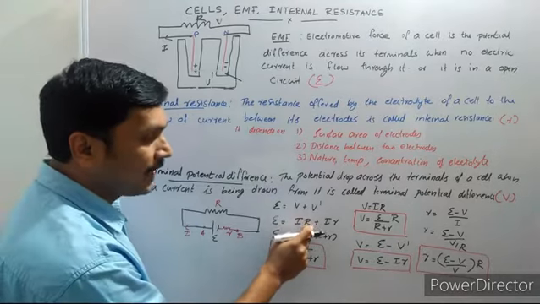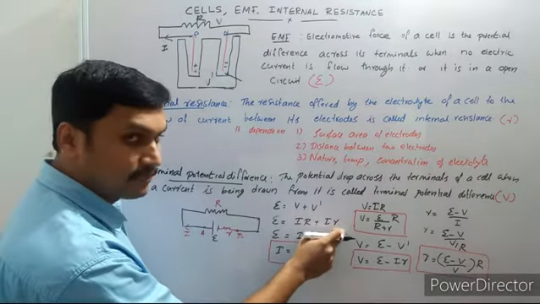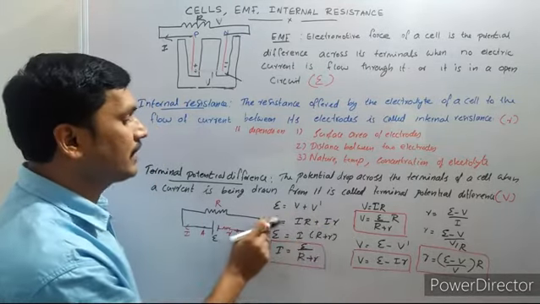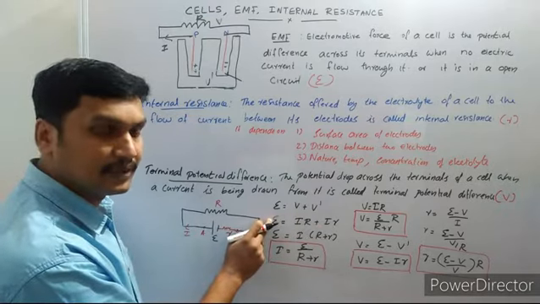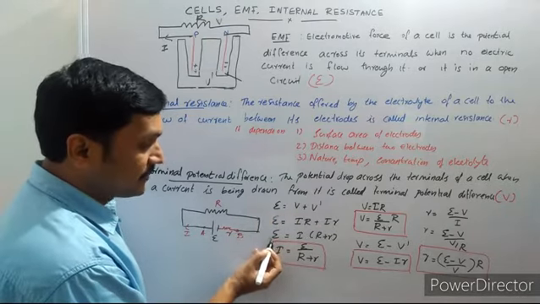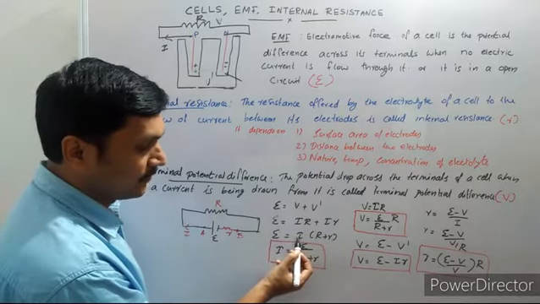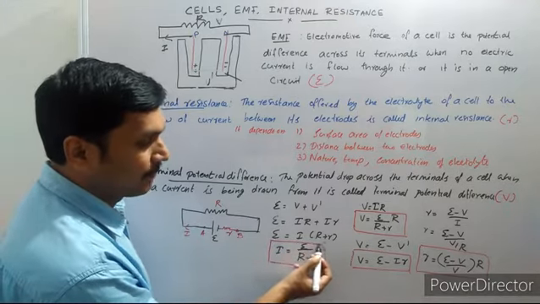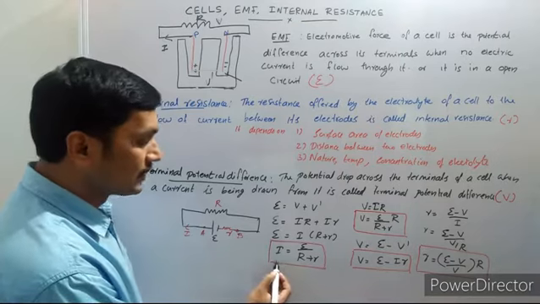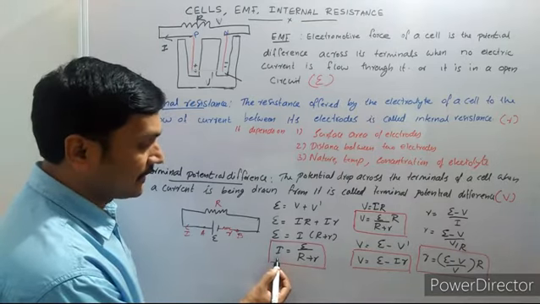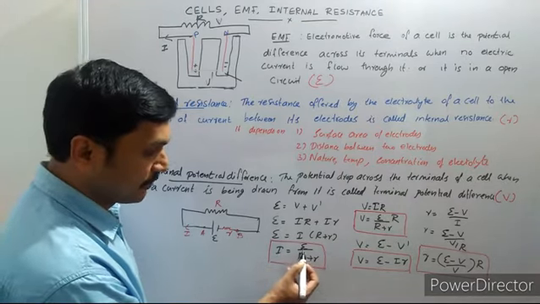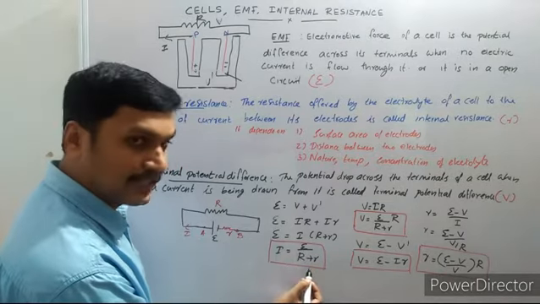So I into R plus I into r will be equal to the total EMF. Now we can rewrite it: the EMF E is equal to I into (R plus r), taking I outside the bracket. Or the current drawn from the cell can be written as I is equal to E by (R plus r).